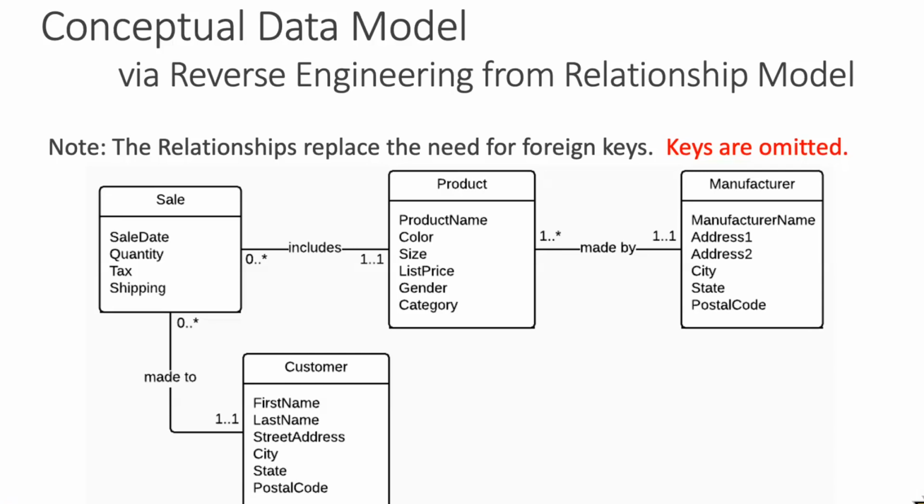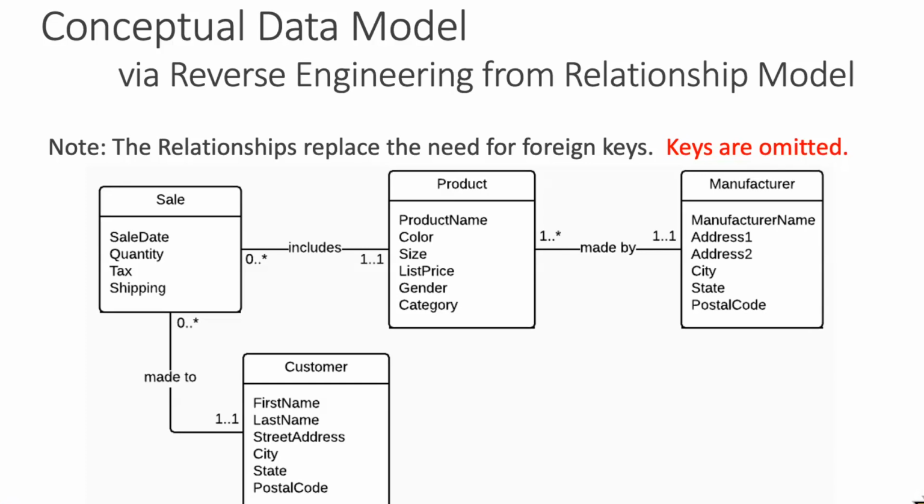Here it mentions that the product is made by the manufacturer, but you have to purchase a product from the manufacturer, and that specific verb, purchase, is not mentioned here, okay?